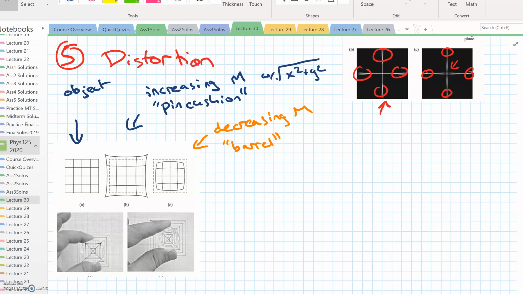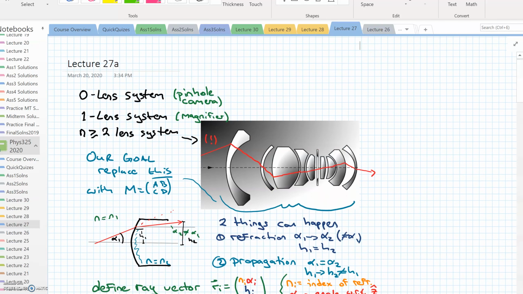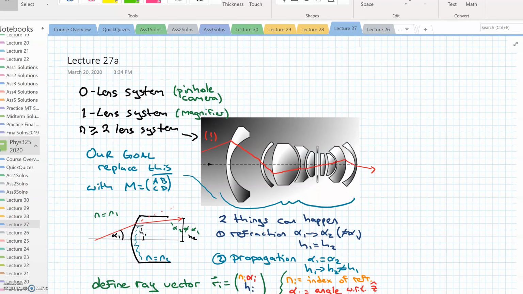More commonly, you use multi-lens systems, and let's see if we can find that a few lectures back. Here it is again. That's precisely what something like this beast does here. We use a ton of different lenses, and you can numerically optimize the system so that it minimizes these 5 aberrations.